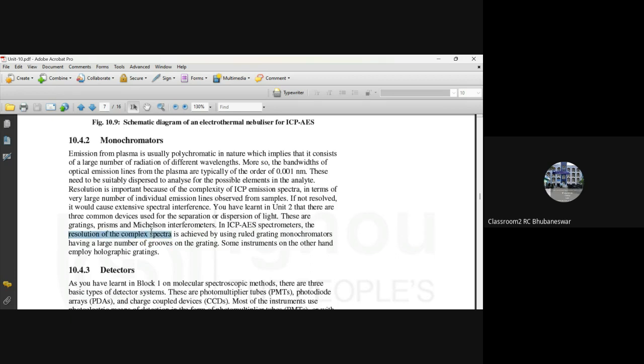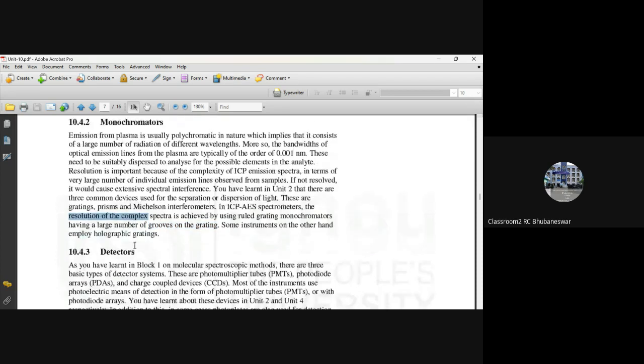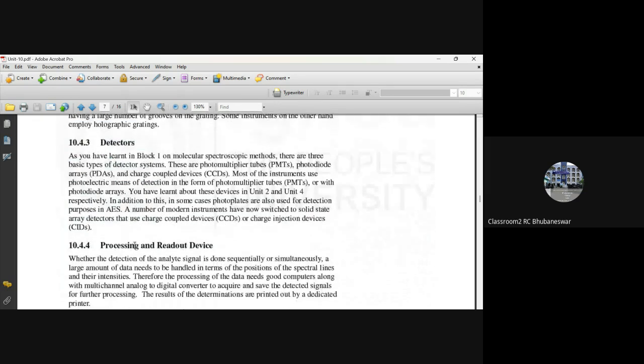The resolution of the complex spectra can be managed better if you use a grating monochromator, rather than prism monochromators, because the radiations falling on it are converted into monochromatic radiation with good resolution. So you'll get a better resolution out of that.